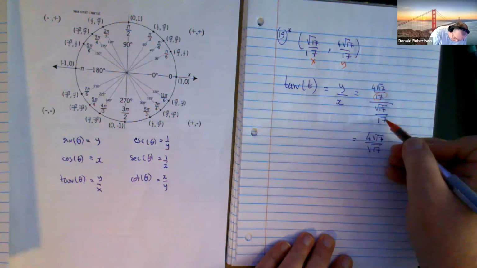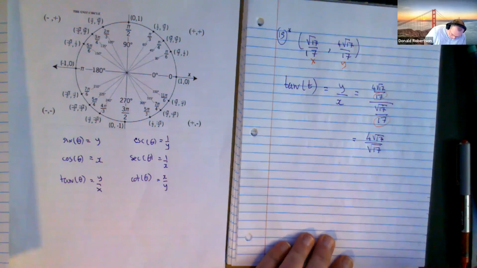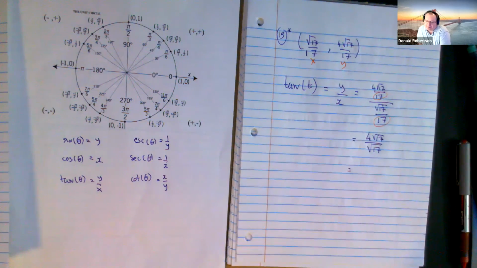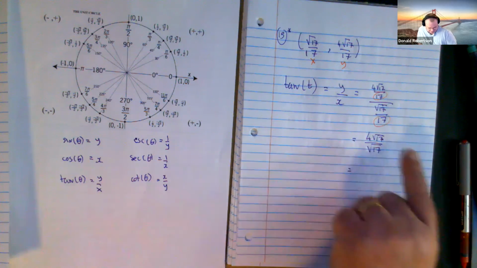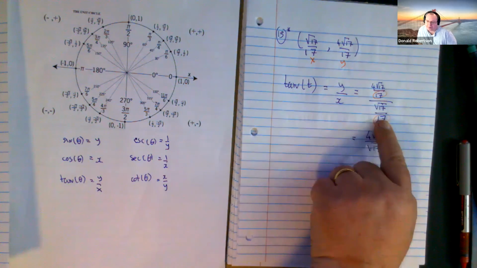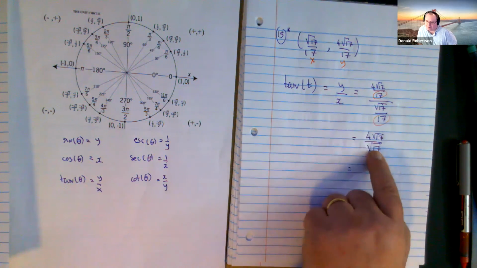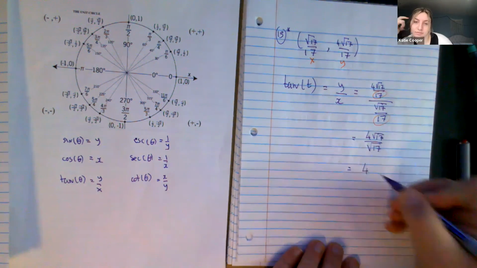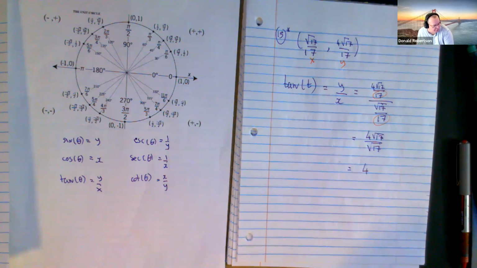Right. Don't those cancel out? Oh, wait a minute. Can that be simplified? 4 √17 on the top, √17 on the bottom. Can that simplify? Just a 4. Just a 4. So always be on the lookout for something that may simplify. That was actually, I like that question.